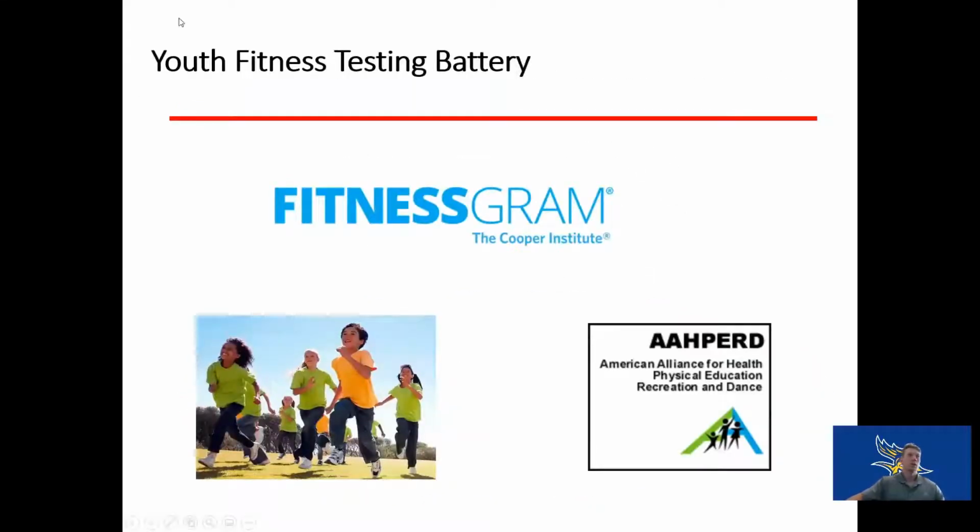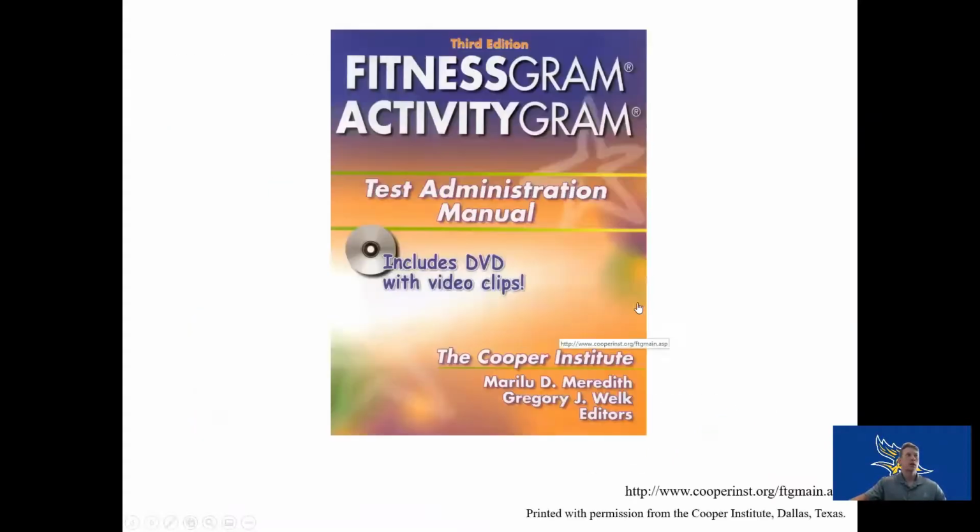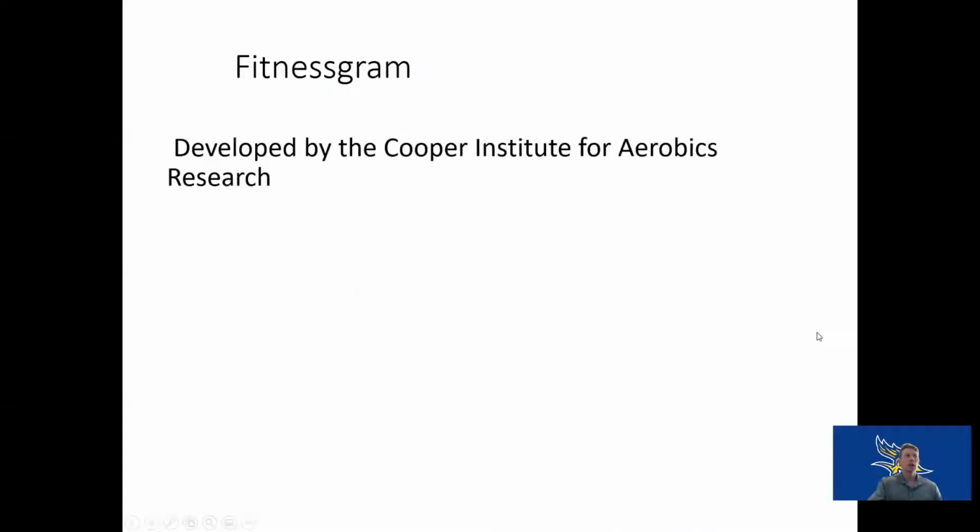Okay, we do this by using things like the FitnessGram, made by the Cooper Institute. You probably remember this from your elementary and middle school days. The FitnessGram is a kind of blanket general test battery for youth physical fitness. It was developed by the Cooper Institute for Aerobics Research.